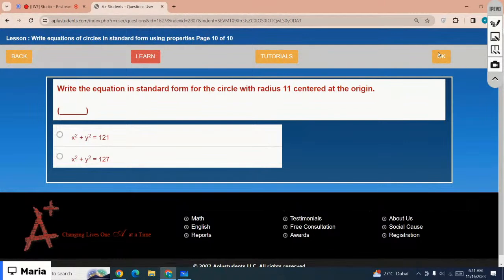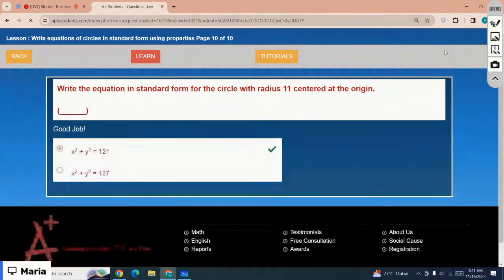Yes, the correct option is x squared plus y squared equals 121. So, option number 1 is the correct option.